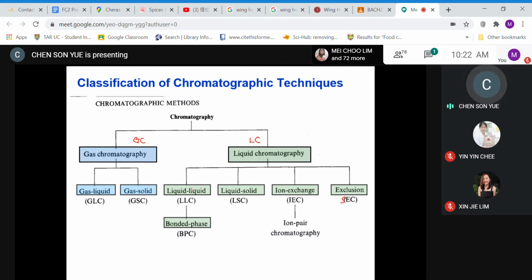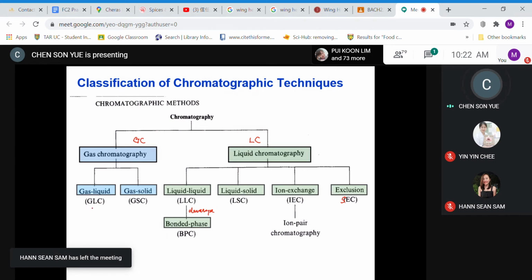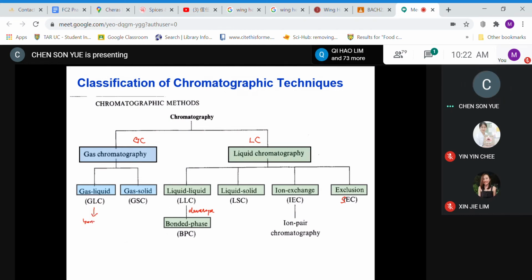And this liquid chromatography is further developed, with an improvement into bonded phase chromatography. GC, if you want to write, can also be further developed to bonded phase chromatography. So they are the general types.